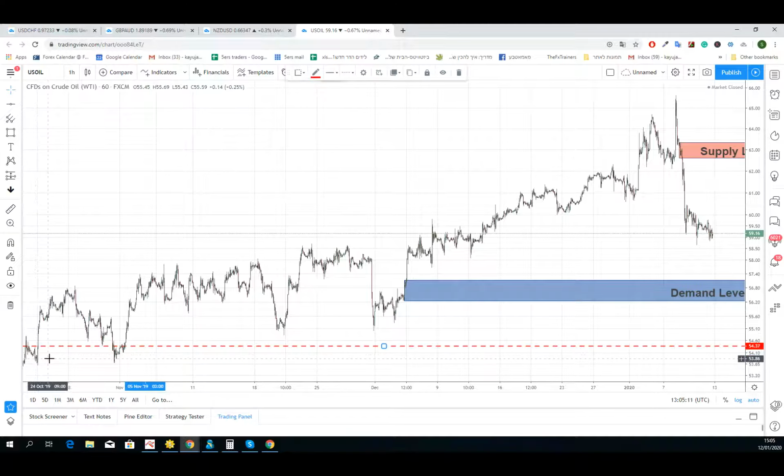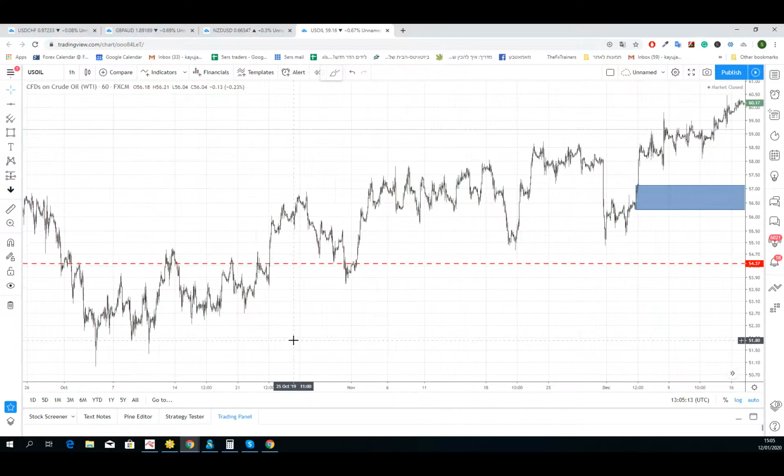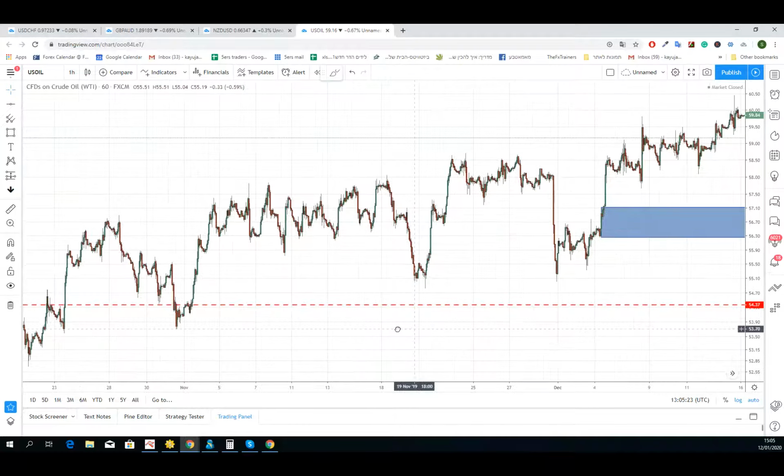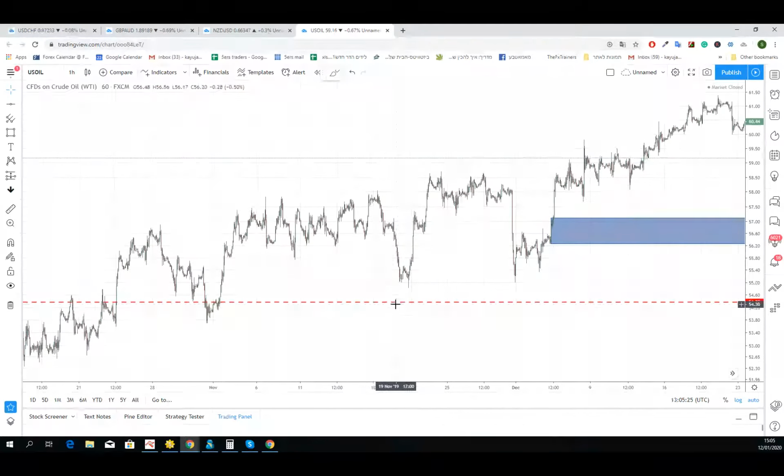Here we can see, I'll take it a bit to the middle. As we can see, it was a demand originally, which was already tested once. So I would call it support for now, this level. But that can definitely be the final target for this sell position.